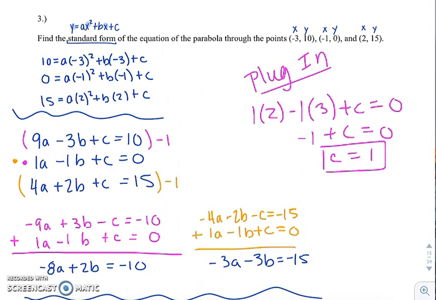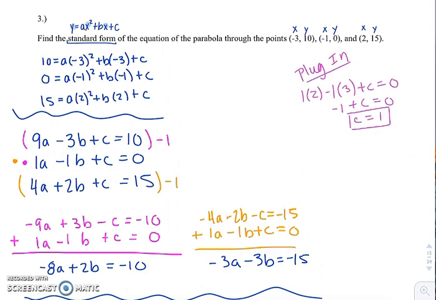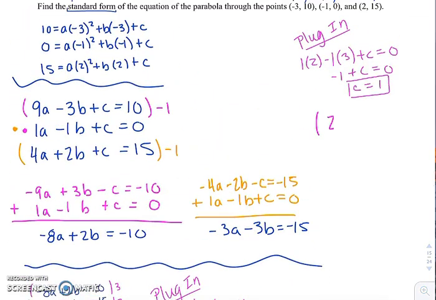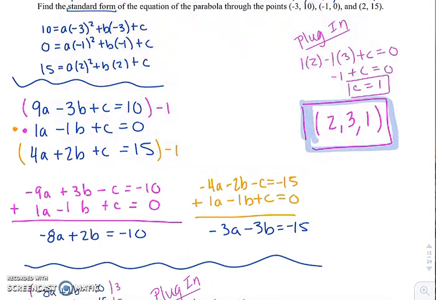Okay, so we now know that our ordered triple is 2, 3, 1. So that is very important, but we still have to come up with the equation for the parabola.